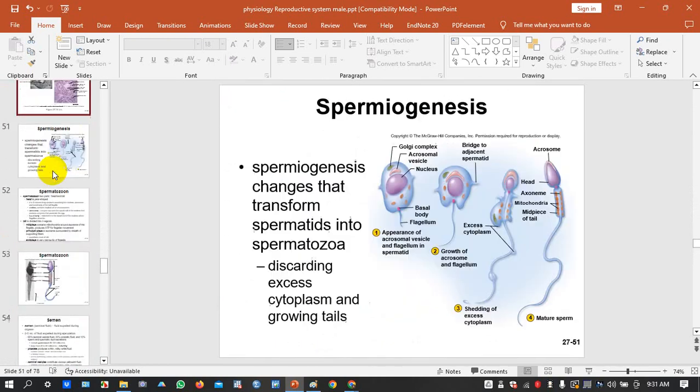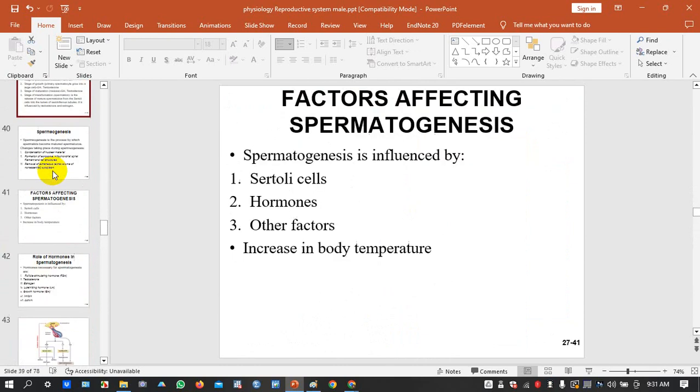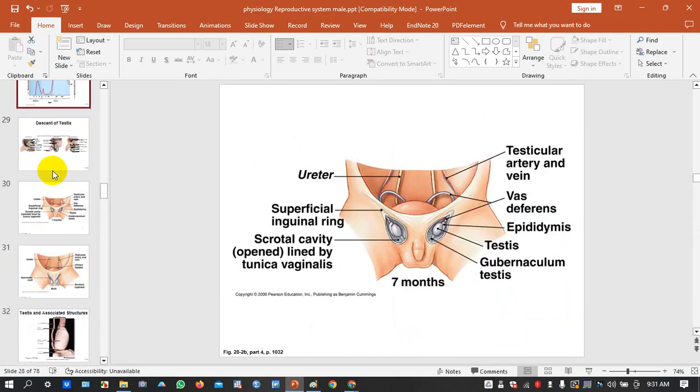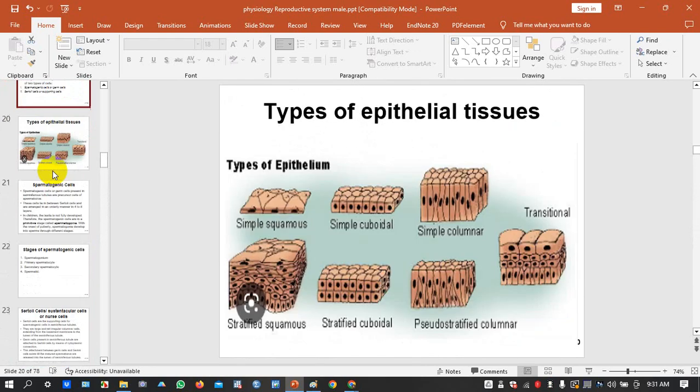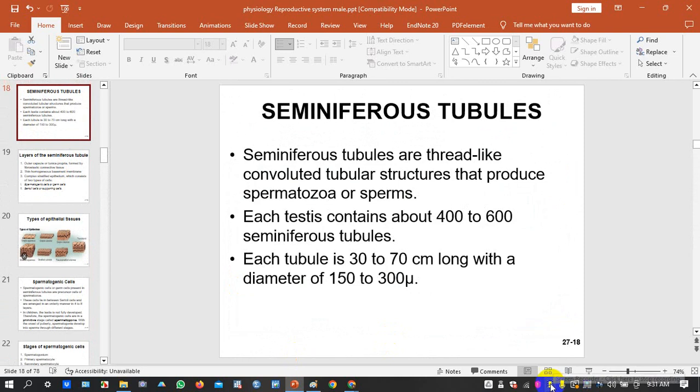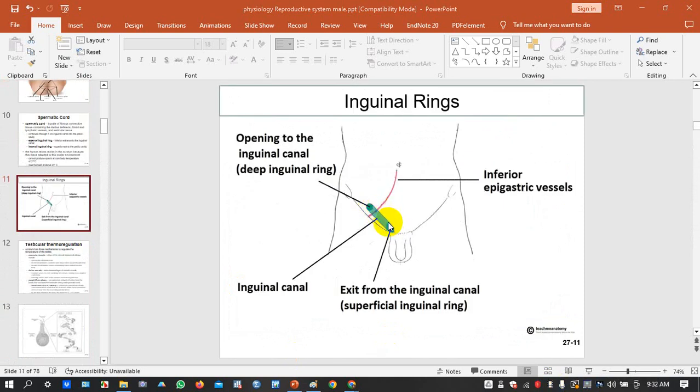This whole thing is the inguinal canal. You can't see it with your eyes, it's the fold of the peritoneum. This is the inguinal canal, where the testicular arteries, testicular veins, and vas deferens all enter the spermatic cord and testis.